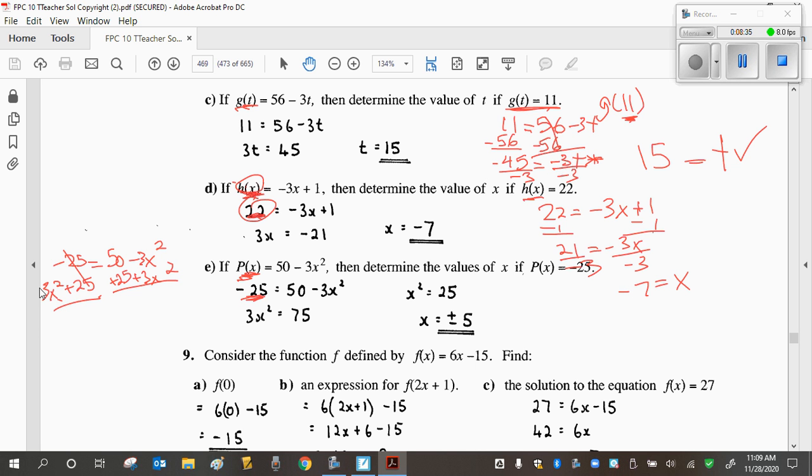I think it's more complicated, for now anyway, until we get to the solving systems unit. And then they divide by 3 instead of dividing by negative 3. x squared equals 25. Square root. Don't forget 2 answers, positive, negative 5, right there.